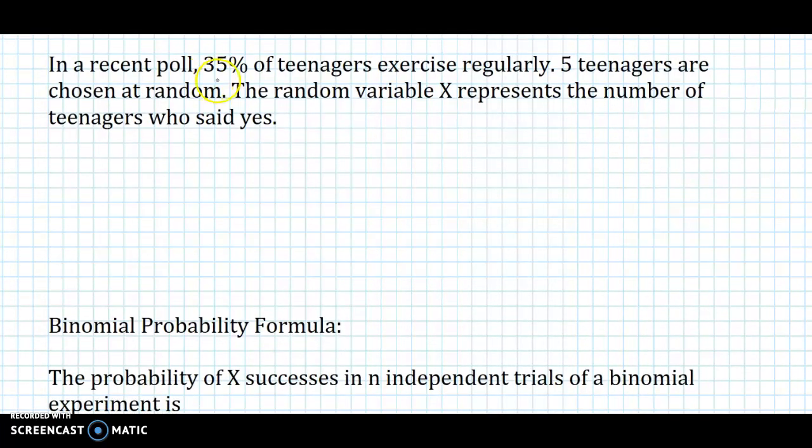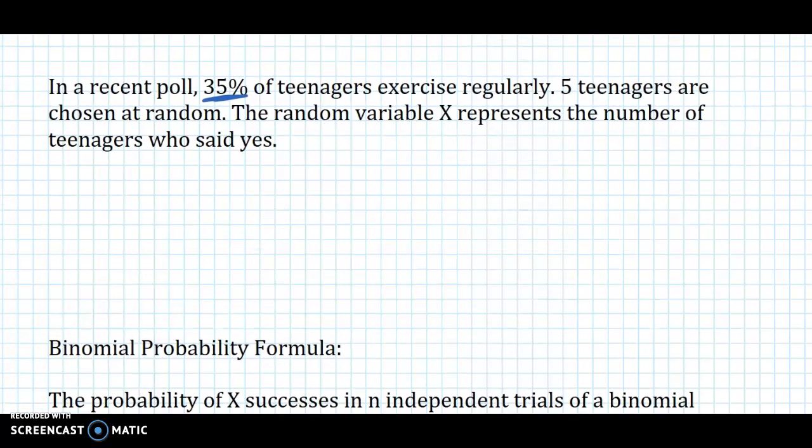It says, in a recent poll, 35% of teenagers exercise regularly. 5 teenagers are chosen at random. The random variable X represents the number of teenagers who said yes. So right now, your P of S, your probability of success, is 35%, because 35% say they exercise.